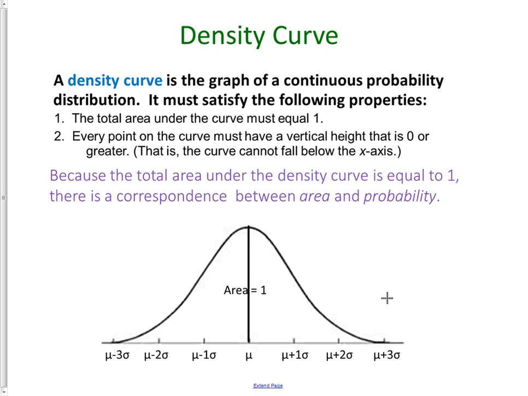Half of the area would be to the left of the mean, half the area to the right of the mean. We also could use our empirical rule to talk about what happens between -1 standard deviations and +1 standard deviations within the mean, and 2 standard deviations to the left and 2 standard deviations to the right of the mean, and so on.